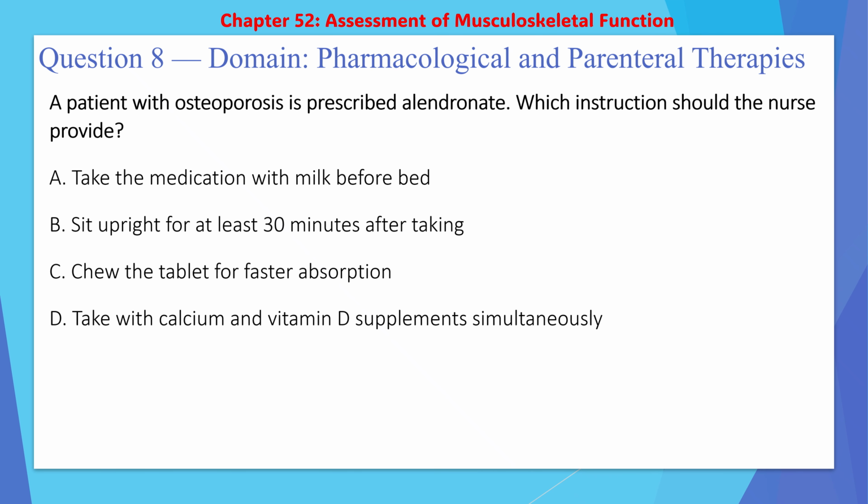Question 8. So we have 16. Now we are on question 8. NCLEX domain, pharmacological and parenteral therapies. A patient with osteoporosis is prescribed alendronate. Which instructions should the nurse provide?